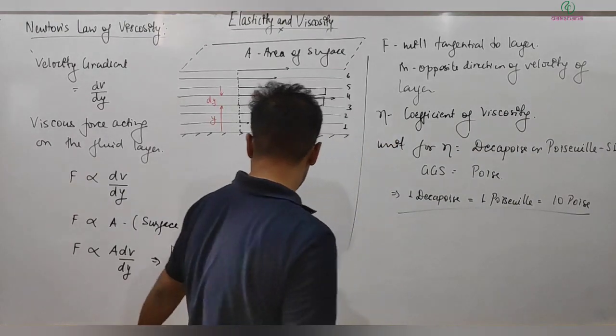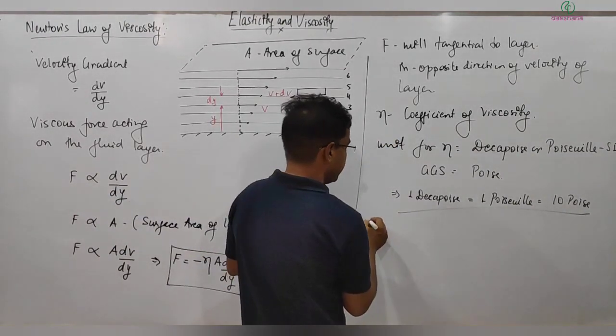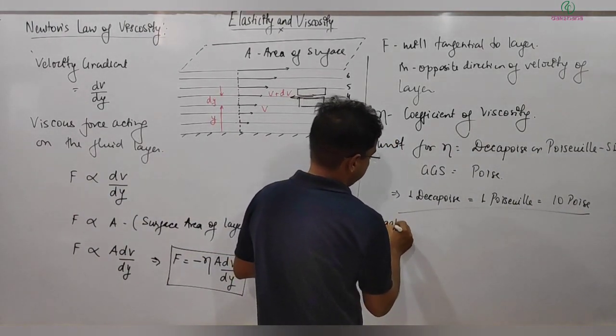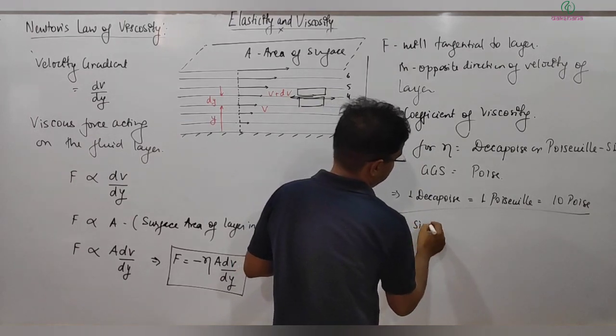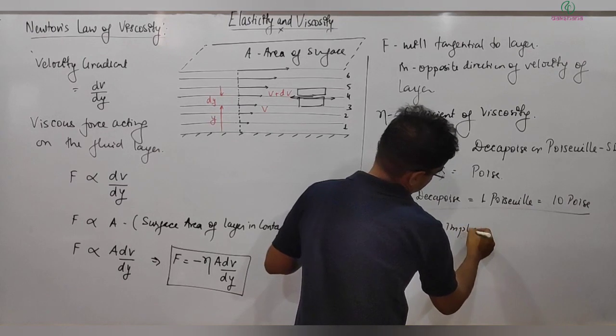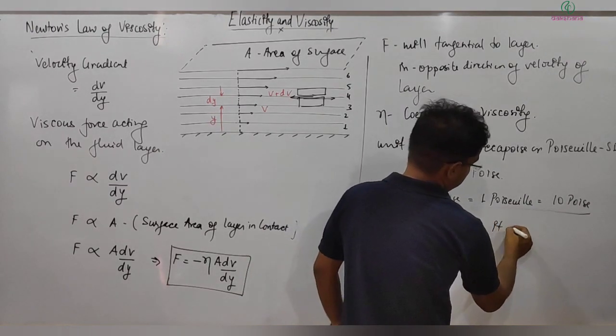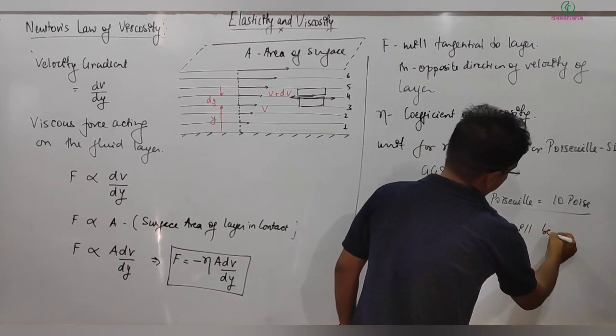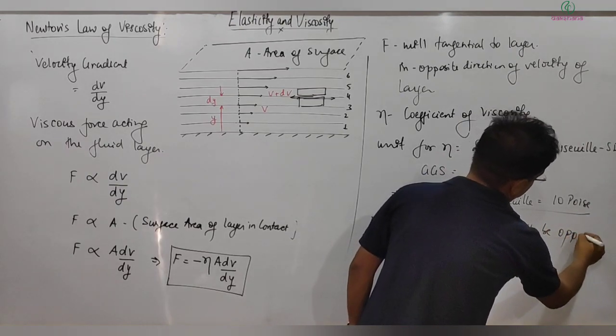Eta is the coefficient of viscosity, and the negative sign implies it will be an opposing force.